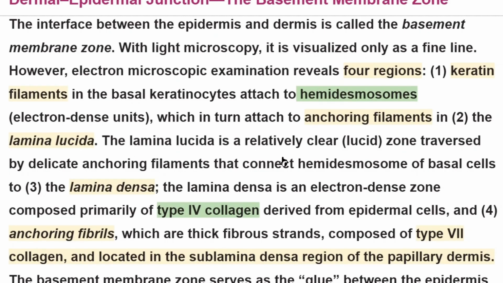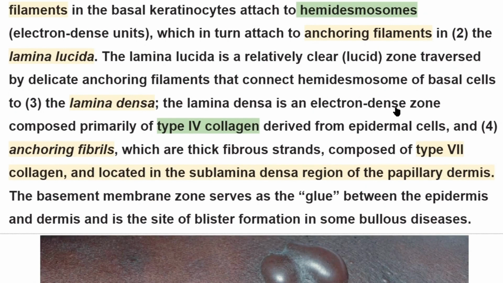The lamina lucida is a relatively clear lucid zone traversed by delicate anchoring filaments that connect hemidesmosomes of basal cells to the lamina densa. The lamina densa is an electron-dense zone composed primarily of type 4 collagen, derived from epidermal cells, and anchoring fibrils, which are thick fibrous strands composed of type 7 collagen and located in the sublamina densa region of the papillary dermis.